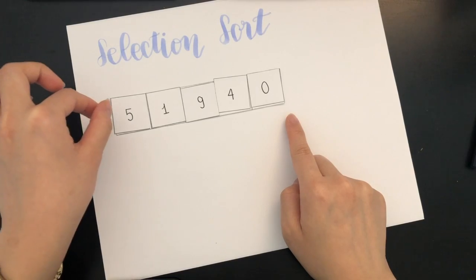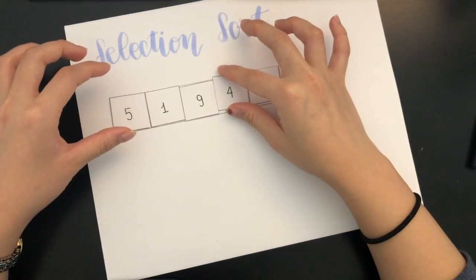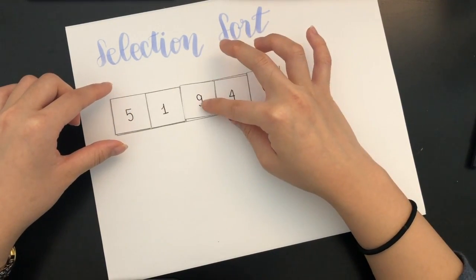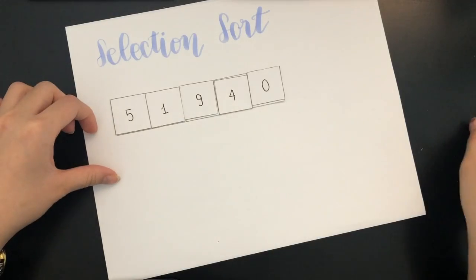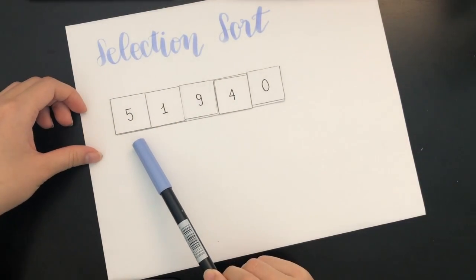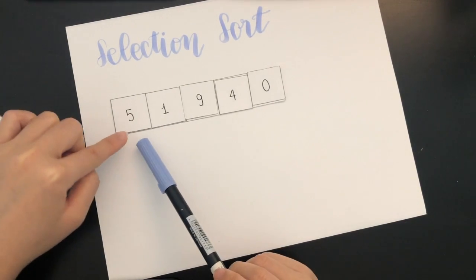So the sorted subarray would be 0 elements. So first we want to see which is the smallest element from here. So we are now here. Is this smallest? Well, technically right now it is.